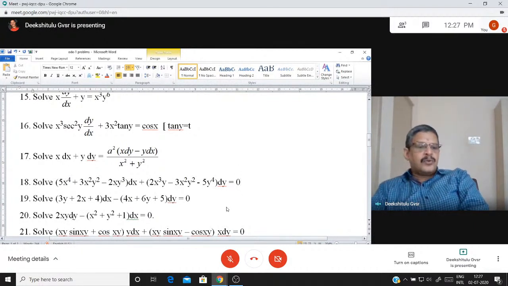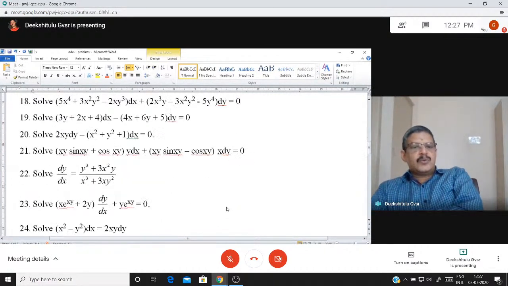Then solve 2xy dy minus (x square y square plus x square plus y square plus 1) dx. This also you can similarly solve using exact differential equations. Find dou M by dou y, which is minus 2y, and dou N by dou x, which is 2y. So minus 2y and 2y, by N, that becomes 1 by 2x.